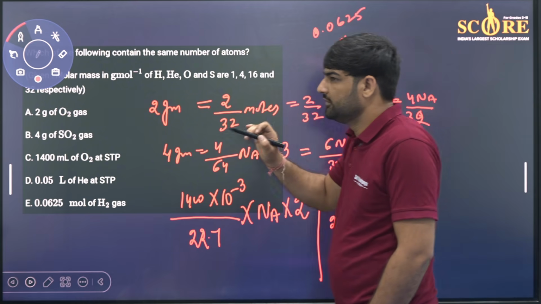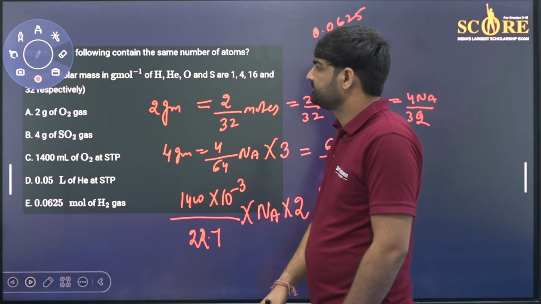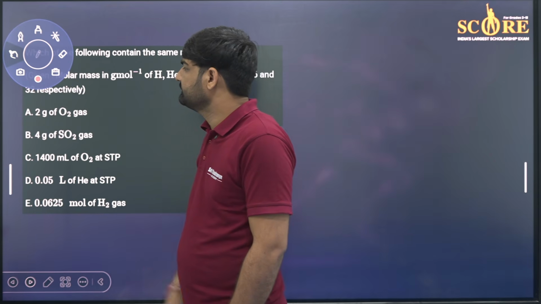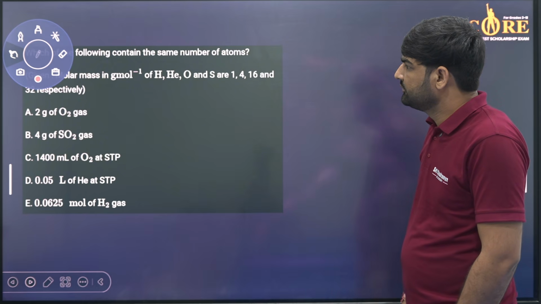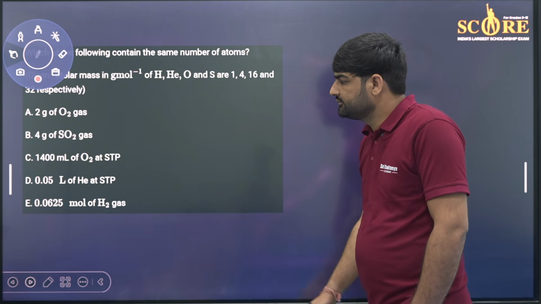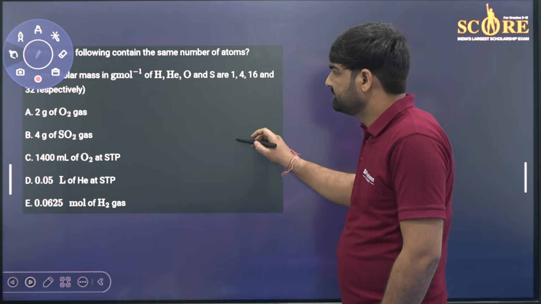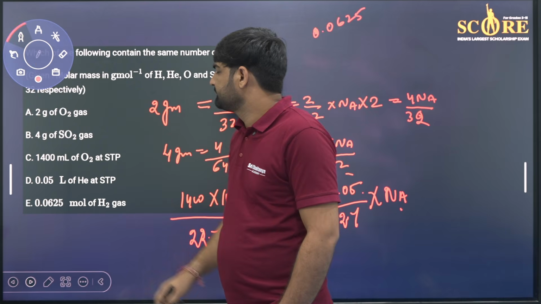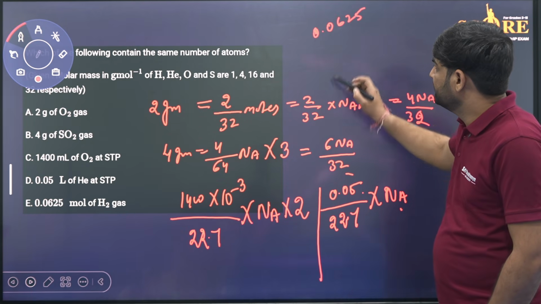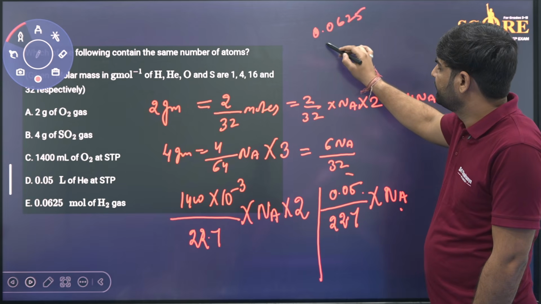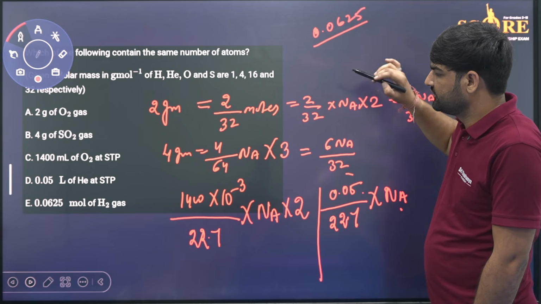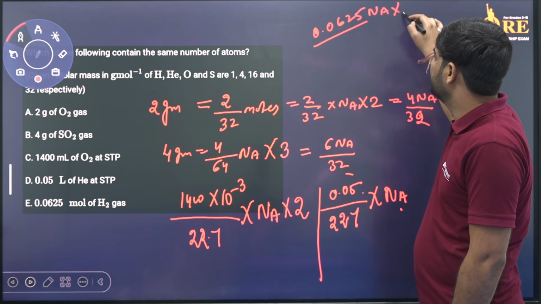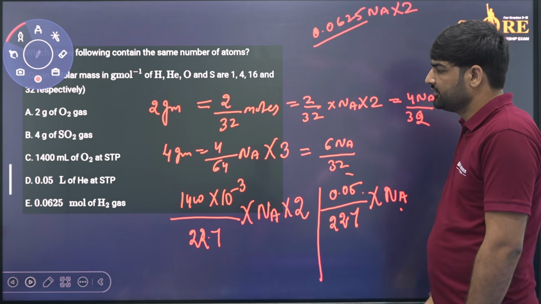In last 0.0625, this is mole of H2. If we multiply by this Na, this will be the molecules of H2 and this will be the number of atoms of hydrogen.